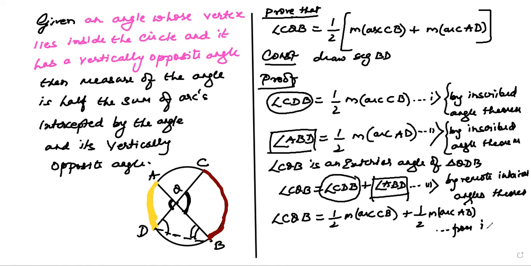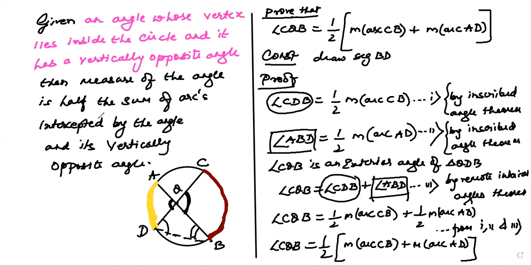Now your half is common. So I think you got your answer, what you were looking for: CQB equals half of the measure of arc CB plus measure of arc AD. A very simple proof. I'm sure, children, everybody got this theorem, okay? We go to the next now.